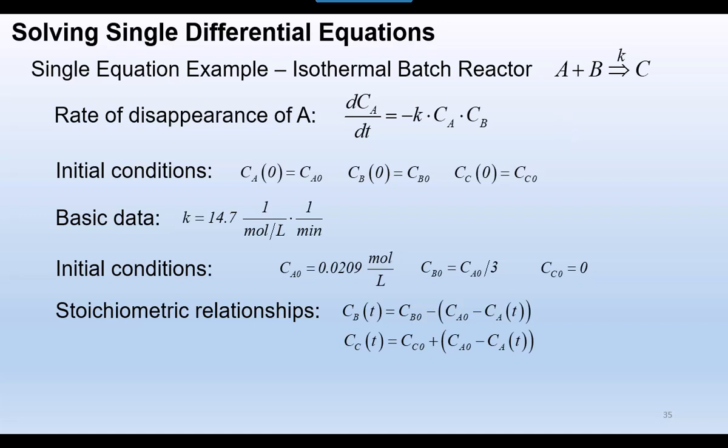And then we have initial conditions with an initial value for A, for B, and for C, whereas if we start out with no product, this will typically be 0. And we have a value for k. This happens to be for a reaction taken from the literature. We have a value for k in terms of concentration units of moles per liter and time units of minutes.